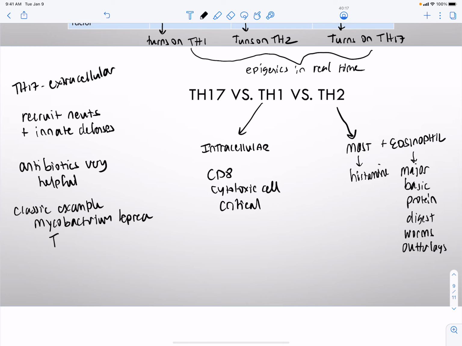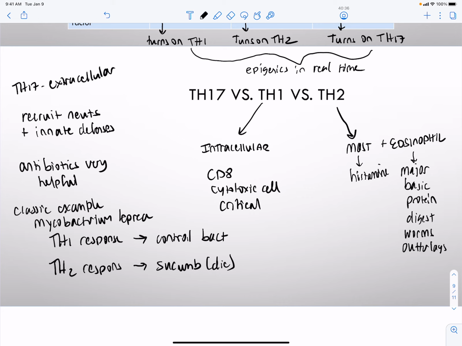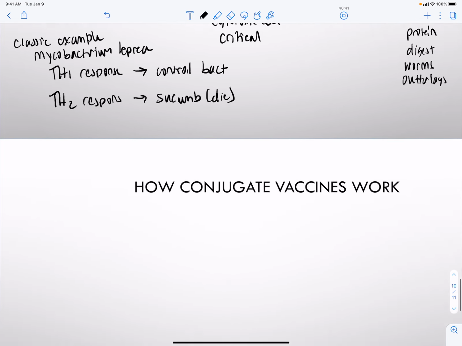So if you have a Th1 response, you control the bacteria. If you have a Th2 response, you succumb and you die from the bacterial infection. So again, it's really important to have the correct response for the type of infection.